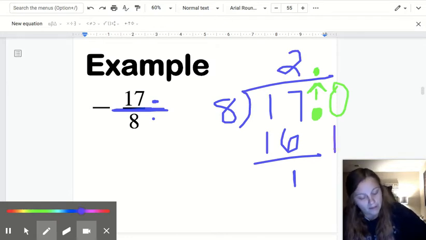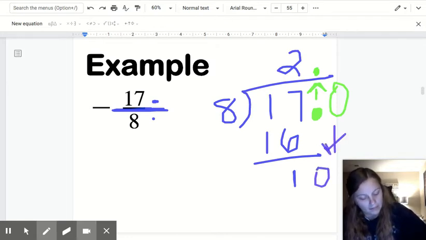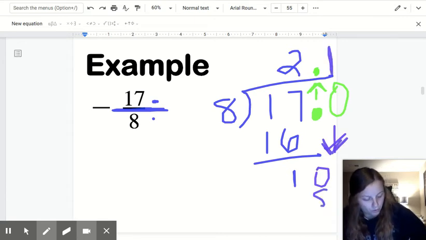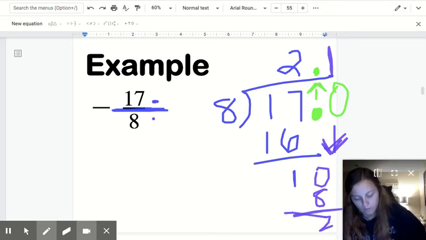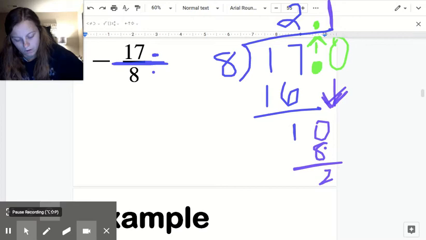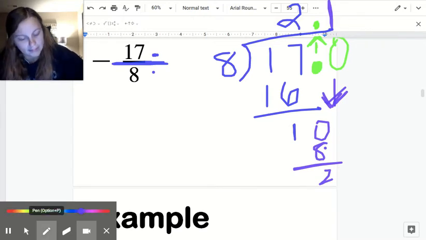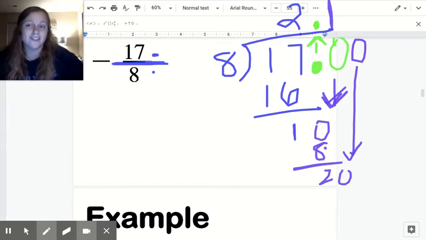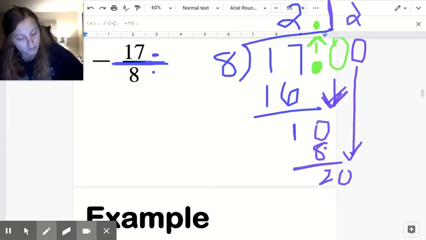Now I can bring that 0 down and figure out how many times 8 goes into 10. 1 time with 2 leftovers. Again, I can't have remainders in a decimal answer, so I bring a 0 down. 8 fits into 20 2 times, which is 16 with 4 left over.